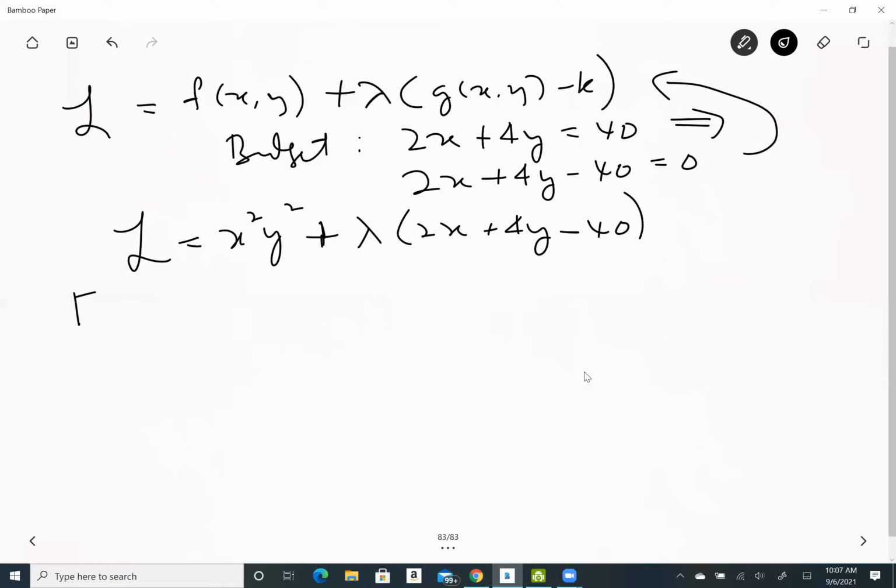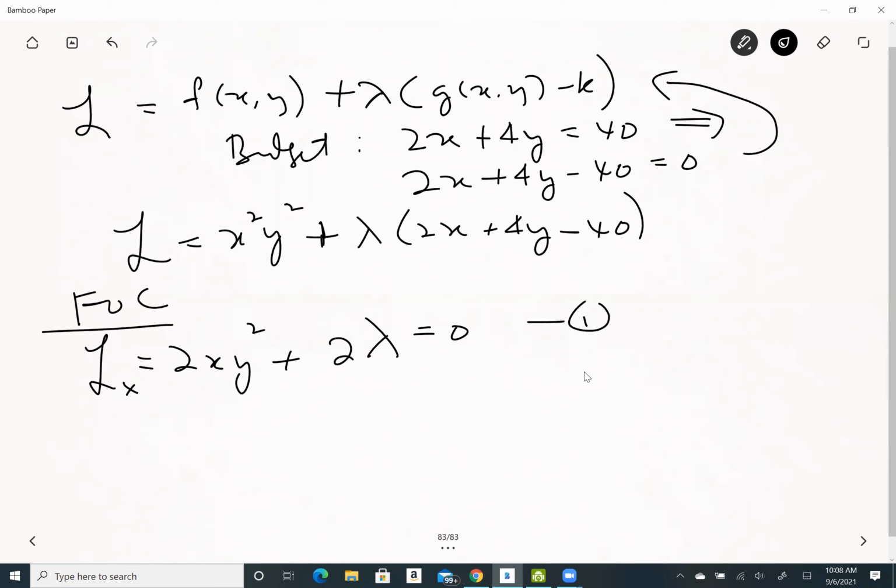So you find the first order conditions, that means the first partial derivatives. The first one is Lx, that is equal to 2xy squared plus 2 lambda. Set that to 0. That is our number 1.